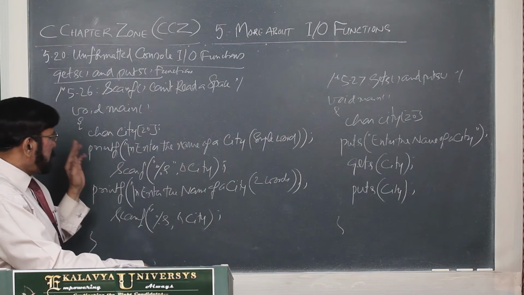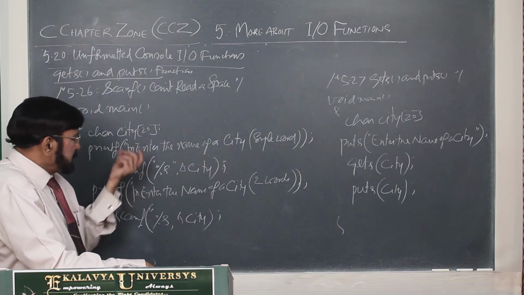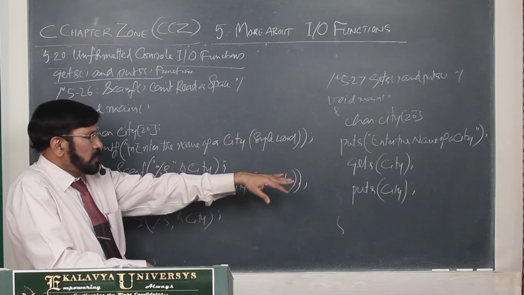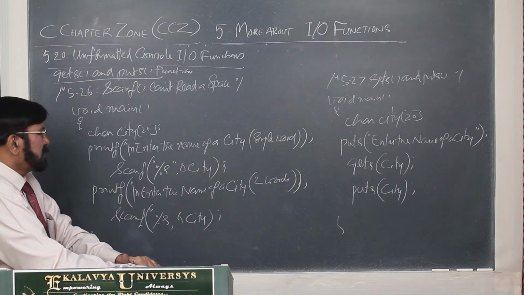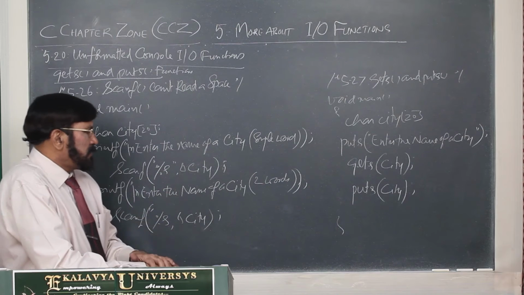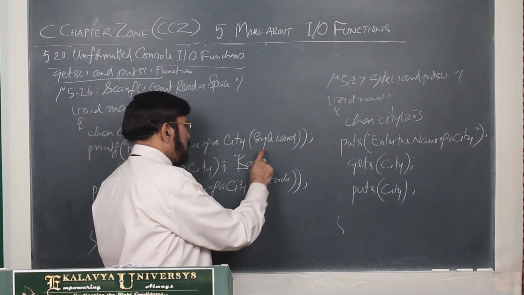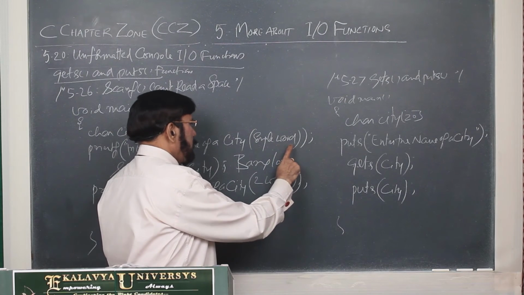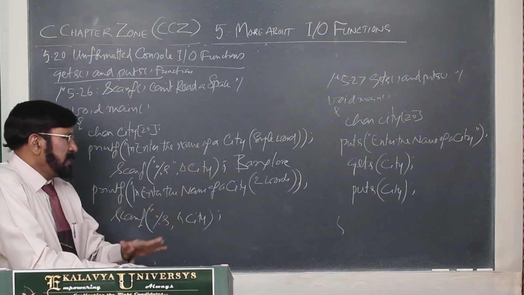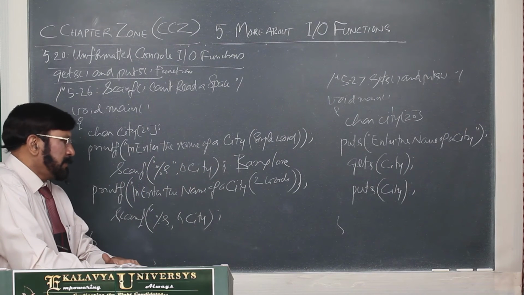That's why first I am showing you the limitation of scanf practically. Thereafter, I want to show you gets and puts. Now you see scanf. Now enter the name of a city, a single word. Now I am entering Bangalore. As far as this is concerned, Bangalore is correctly read, and you can display it properly.